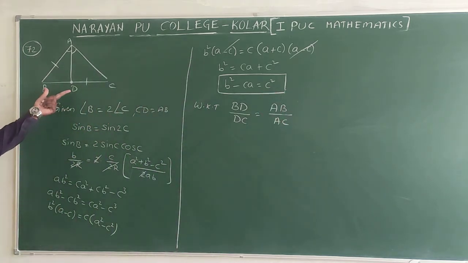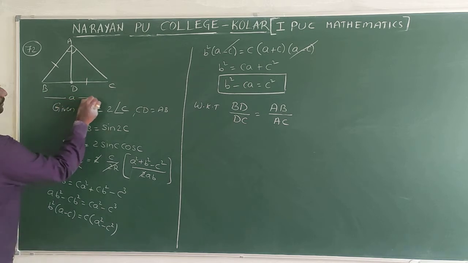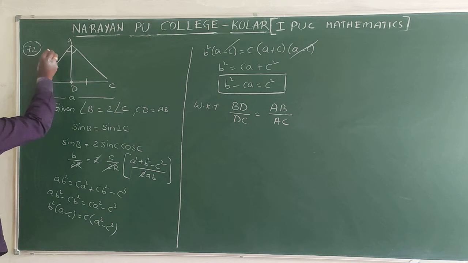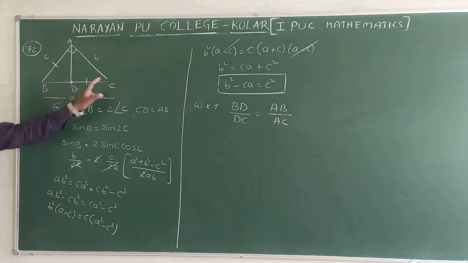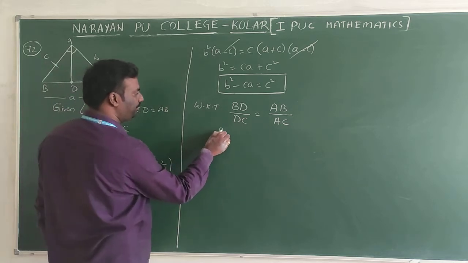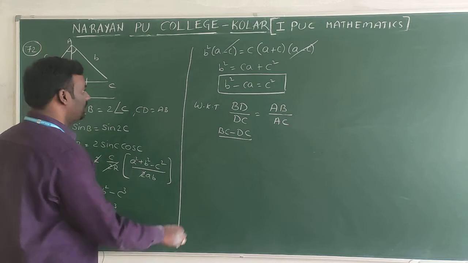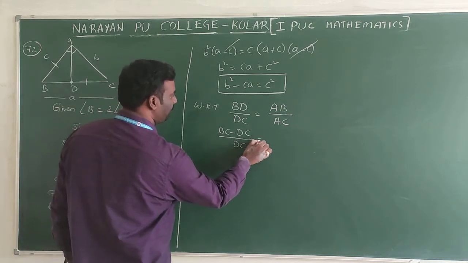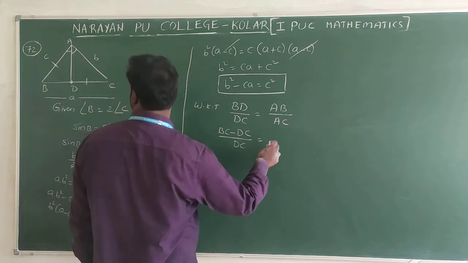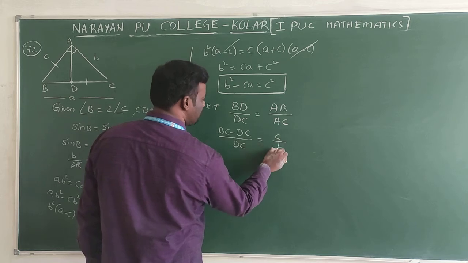See here, this BD we can't find directly. This total BC length is a, this length is c, this length is b. Now this BD can be written as BC minus DC by DC is equal to AB length, small c, AC length, small b.